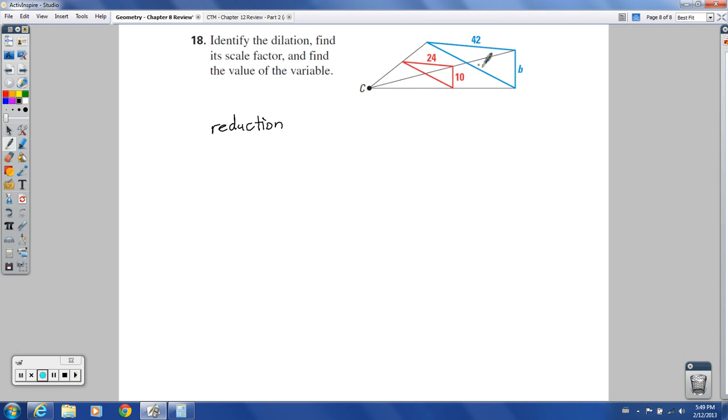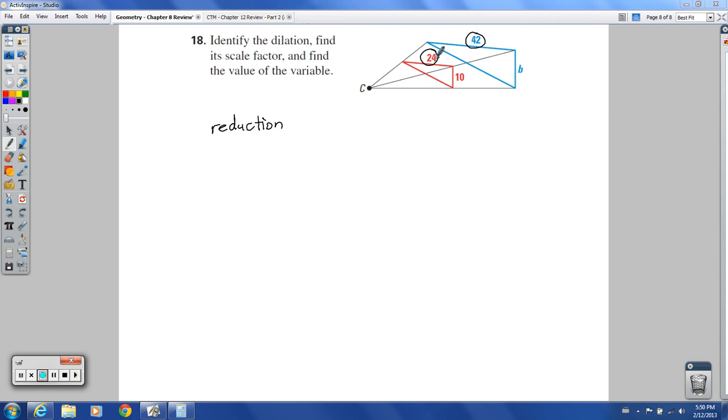The scale factor, you just compare similar sides here. So I'm going to compare these two. These two are matching up. So we have a reduction. That's one thing we need to know. We have 42, or I'm sorry, 24 to 42. So finding its scale factor. Remember with that, the pre-image part, the first part, goes on the bottom.